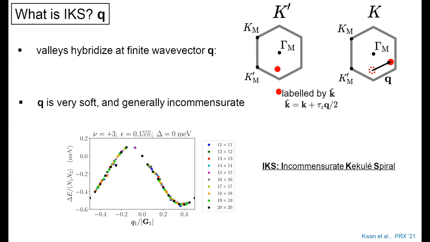The energy as a function of this q is very soft. If you choose that q a little bit wrong, it only hurts your energy a little bit.